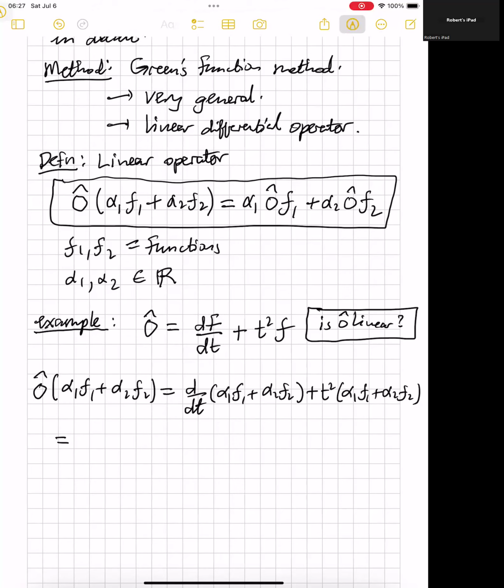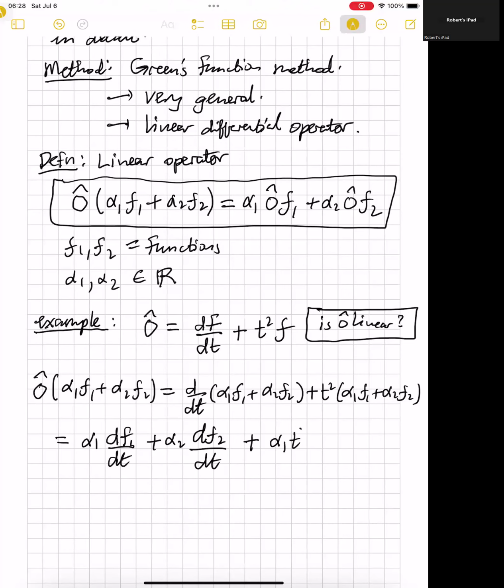Then I want to use a second fact, and that is that the derivative of a constant times a function is a constant times the derivative of the function. Using those two rules, we'll get α₁ dF₁/dt plus α₂ dF₂/dt. And then plus, for the second term, we've got t² multiplied by two things, and you know how to multiply out a bracket.